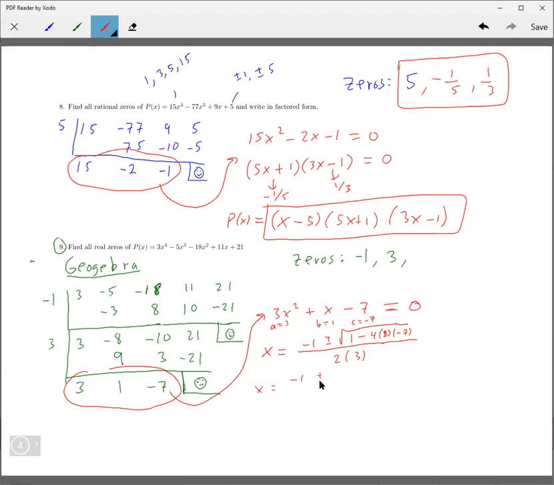So -1 plus or minus, let's see if we can resolve this. 4 times 3 is 12, and then times 7 is 84. It's actually 1 plus 84, so it's the square root of 85 all over 6. Woohoo.